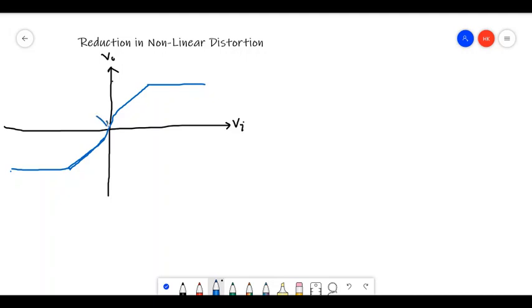Let's say the gain here is 1000, and in this part it is 100, and so is this. This piecewise linearity is a nonlinear characteristic, so it generates a large amount of nonlinear distortion in the signal. We can reduce this by using feedback. So let's see how we can do that.